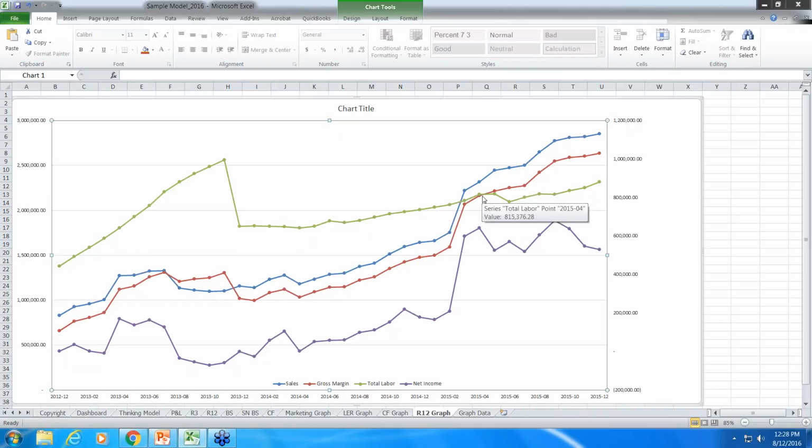So once all of these numbers pass, you can start to see the jump of net income. And it gives you that visual impact of seeing those numbers and saying, well, what happened to me? How did I get to be this profitable? Well, this shows that by holding labor constant over time, we were able to produce enough contribution margin to be profitable. And it gives you that spread look.